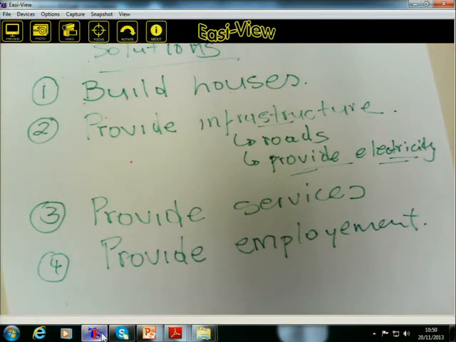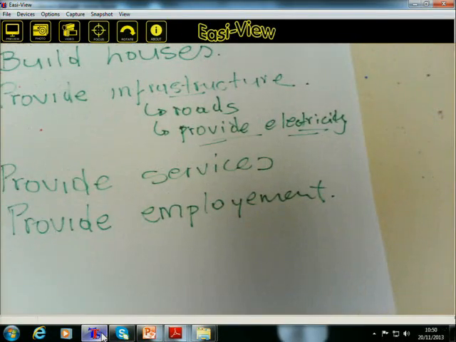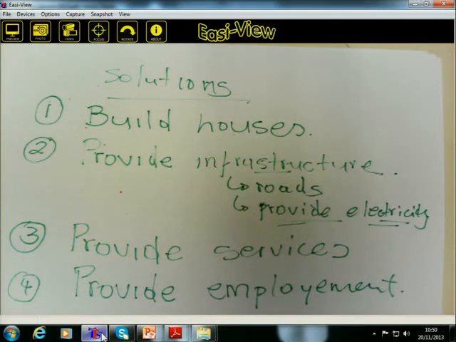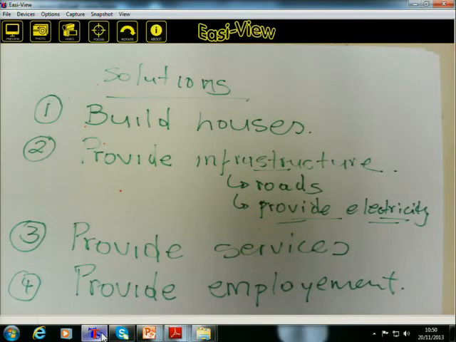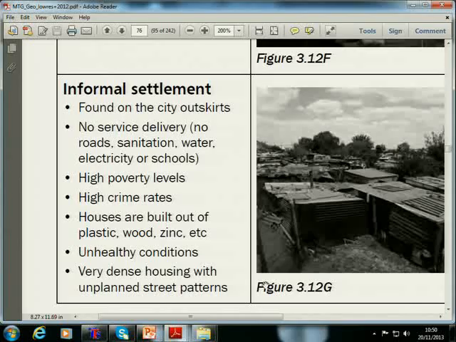Now, what am I trying to do here, guys? I have only written 4 facts. There are quite a lot of facts that can come in when we try to say what solutions can be applied to problems that we find in informal settlements. What I want you to realize is what informal settlements are: there are no services. What are the conditions?